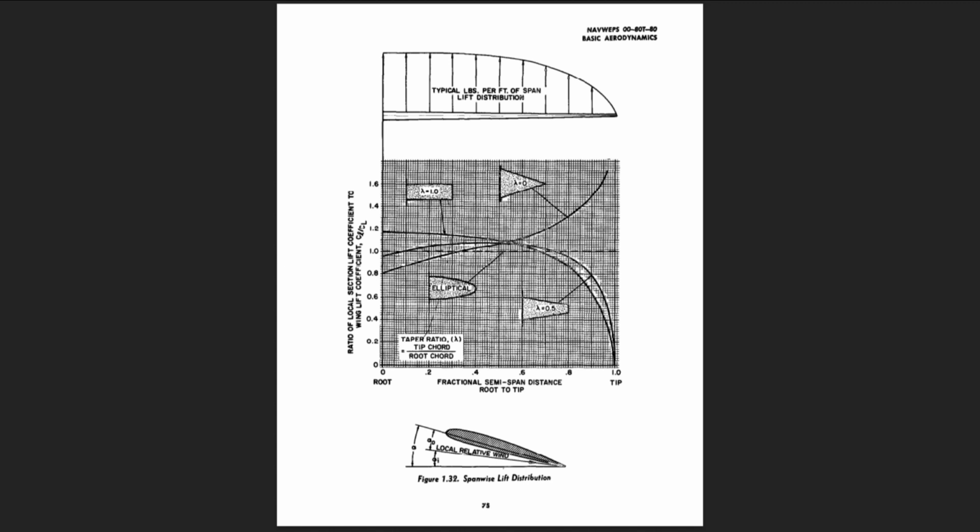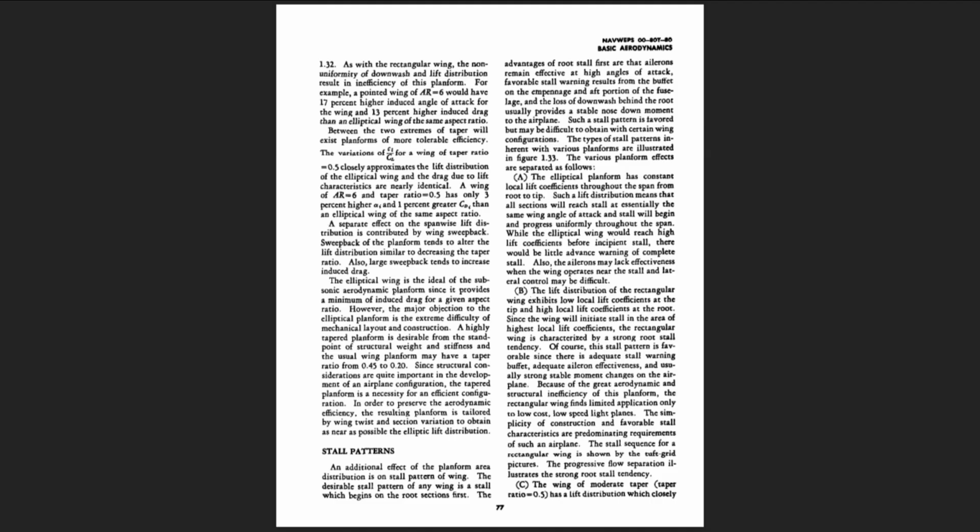A wing of AR equals 6 and taper ratio equals 0.5 has only 3% higher α_i and 1% greater C_Di than an elliptical wing of the same aspect ratio. A separate effect on the spanwise lift distribution is contributed by wing sweepback. Sweepback of the planform tends to alter the lift distribution, similar to decreasing the taper ratio. Also, large sweepback tends to increase induced drag.